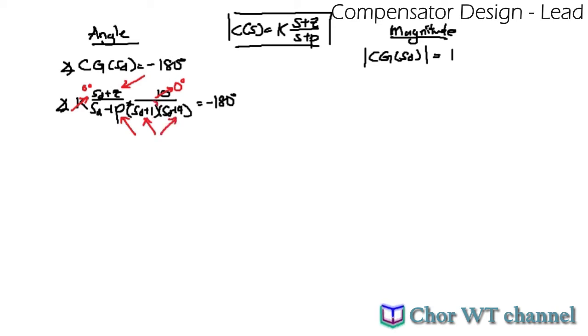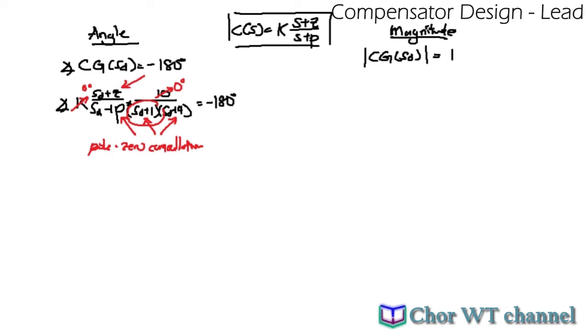To be safe, we will choose -1. The reason why we want to choose that is because of the pole-zero cancellation. This will reduce the order of the compensated system to make it easier for us to manage, and a very good thing is that it will also ease our calculation.